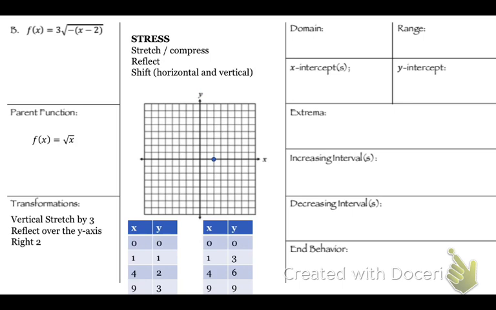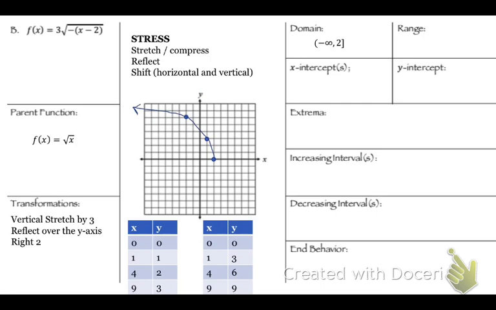So first we're going right 2, that's this point right here. And now it reflected over the y-axis, so that's our (0, 0) point. We're going to go over to the left 1 and up 3, then left 4 and up 6, and left 9 and up 9, which wouldn't fit here. So there's the graph for that.